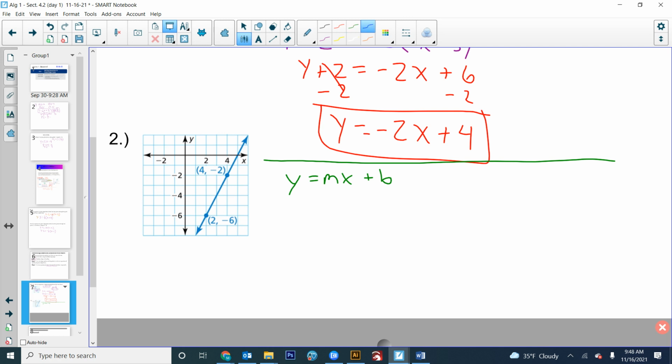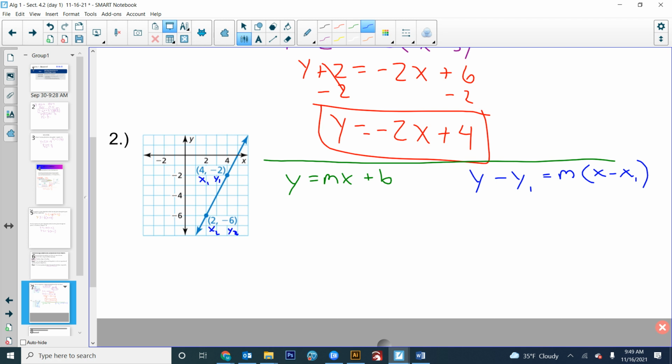Now, I think you would agree that we have an x1, y1, we have an x2, y2. It'd be pretty easy to put it in point slope form. Do you agree? What's point slope form? Y minus y1 equals m times x minus x1.